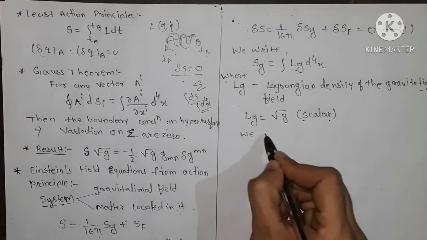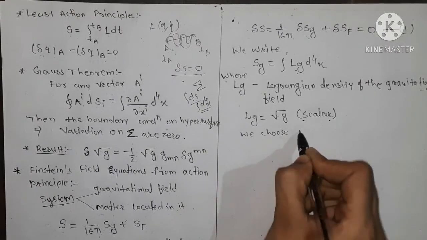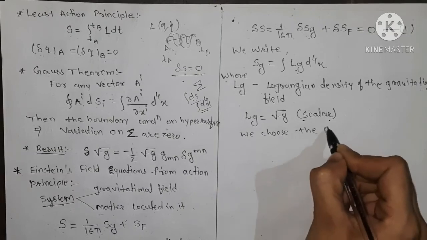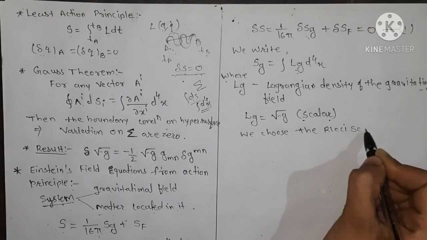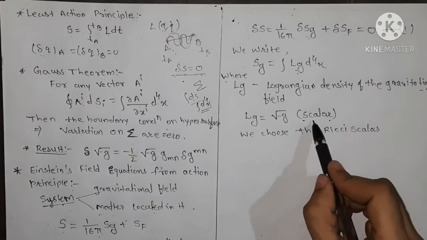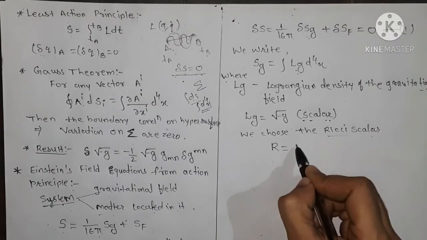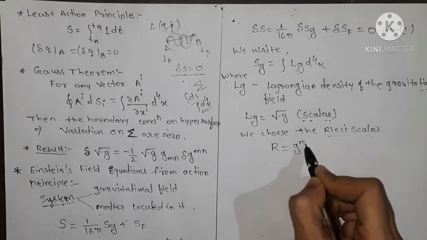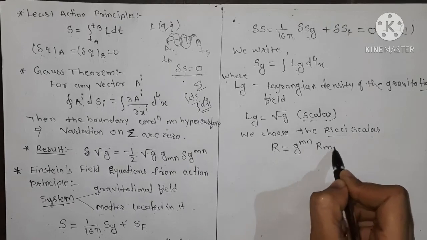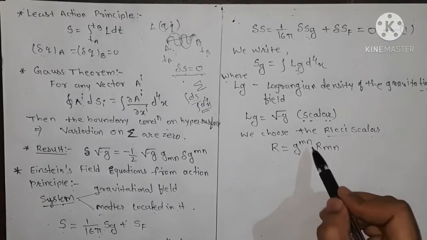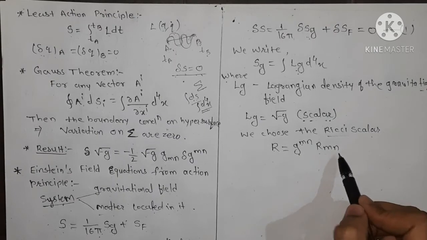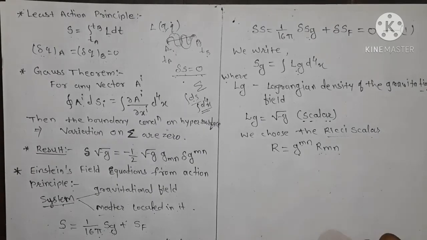So we choose the Ricci scalar. Here for this scalar we choose the Ricci scalar, which is given by R equals gmn Rmn, where in the upper suffix we are taking mn and in the lower suffix for R we are taking mn.